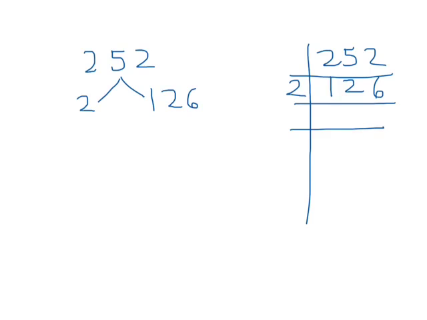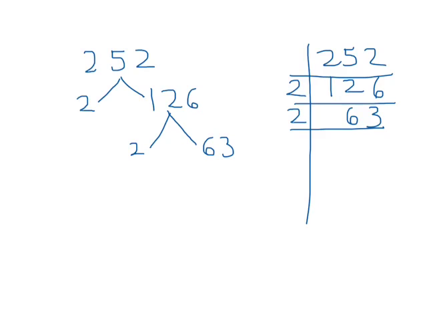So I know for my branches, I can have the prime factor 2. 2 times what is 126? 2 times 63 is 126. We look at the right hand side.